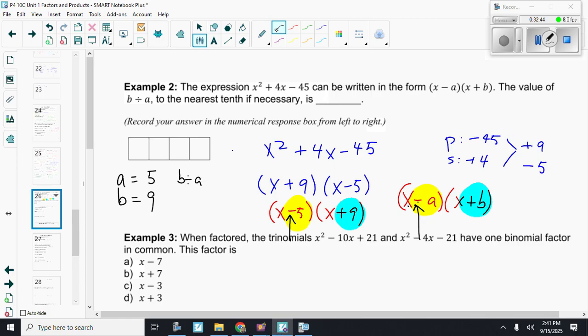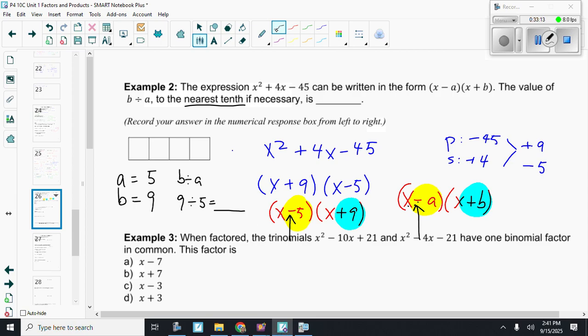You can use your calculator because they want you to round it to the nearest tenth if necessary. So you go 9 divided by 5 equals. Here's another tip. Hopefully you covered this when you've been filling out numeric response. Your numeric response box will never be negative. There's no negative sign in our numeric response boxes.